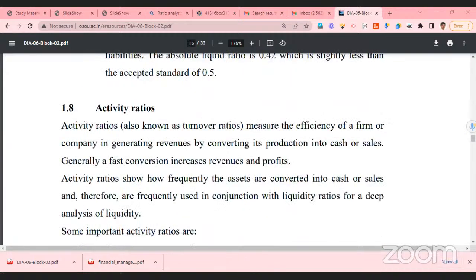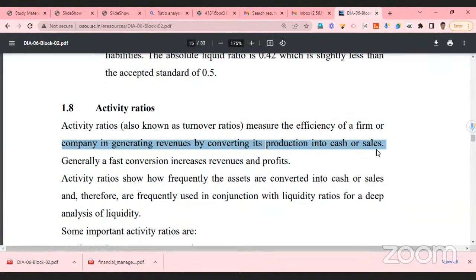Now we'll move to the third one, activity ratios. Activity ratios are nothing but the turnover ratios. They measure the efficiency of the company in generating revenue by converting its production into cash or sales.